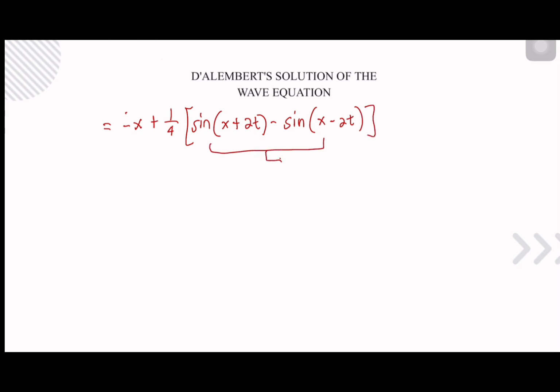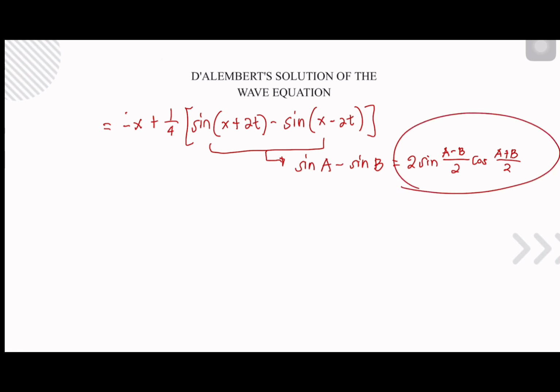According to the property of subtracting two sine equations, sine A minus sine B is equal to 2 sine of (A minus B) over 2 times cos of (A plus B) over 2.